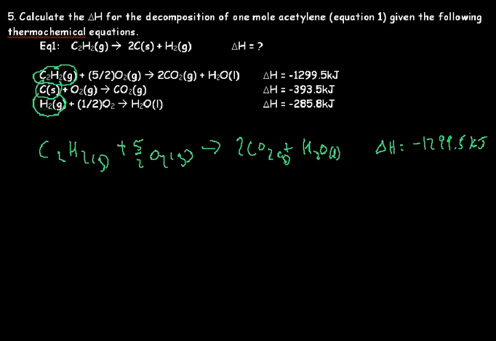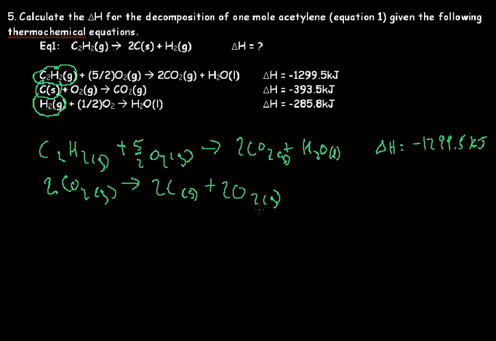For this second equation, I've got twice as much carbon up top, and it's on the other side, so I'm going to have to flip this and double it. So I'm going to have 2 carbon dioxides as a gas decomposing to 2 carbons and oxygen.